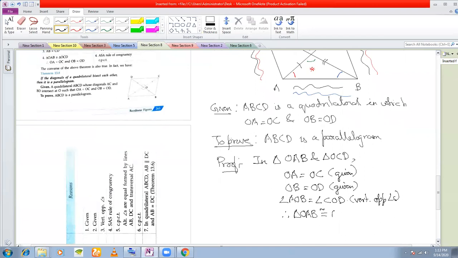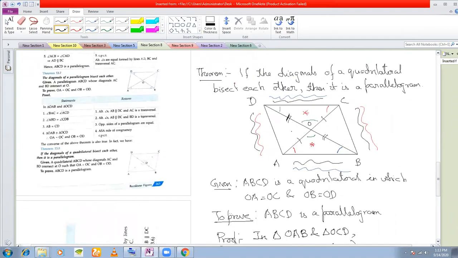And by what axiom? Can you tell me by what axiom? See the figure. The blue and the red angles are involved, right? This side is involved, and this side is involved, and this green angle is involved.